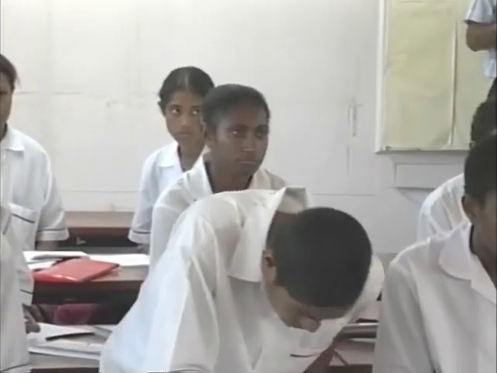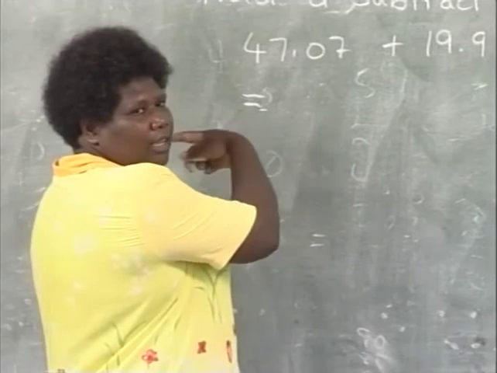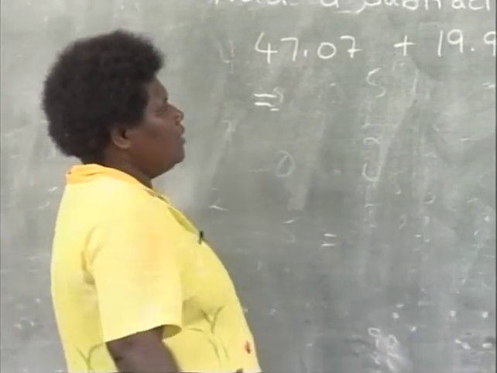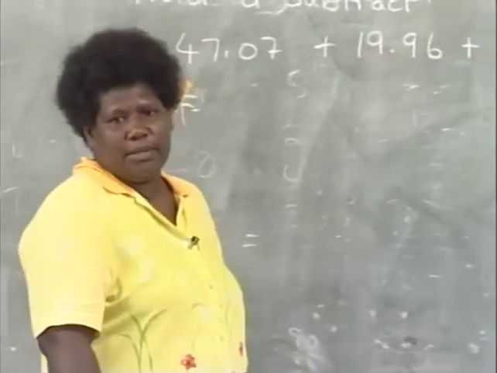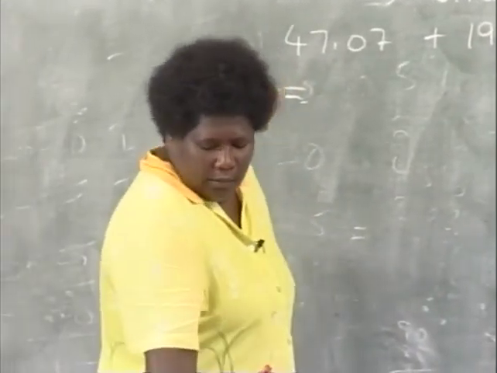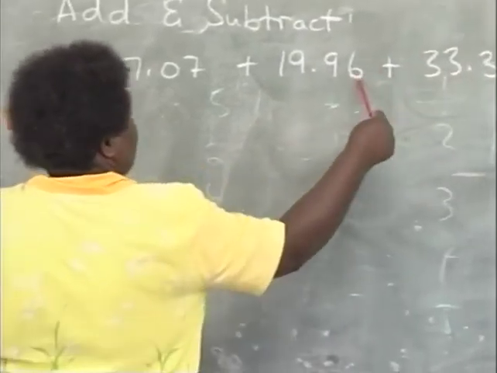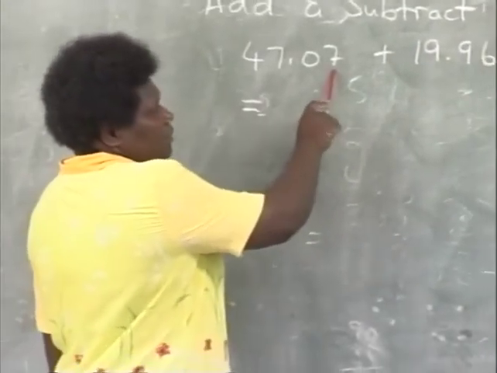Add from right to left. Okay. You follow that when you add. So you add the numbers on the right first and then the numbers on the left. Okay. 8 plus 6 plus 7.